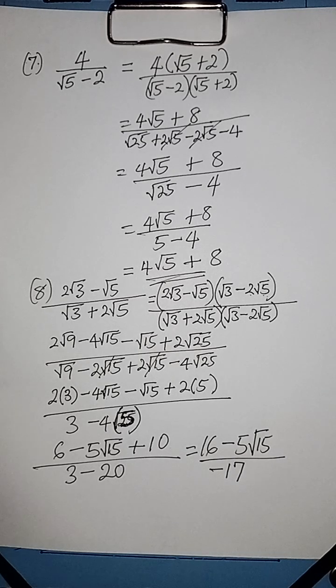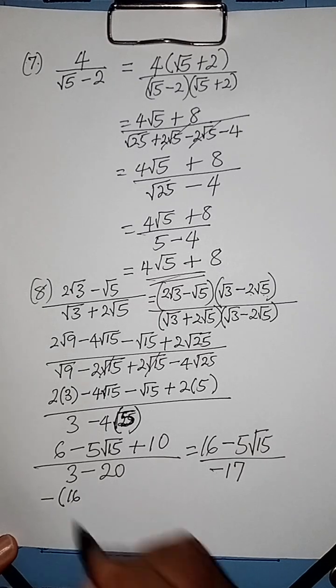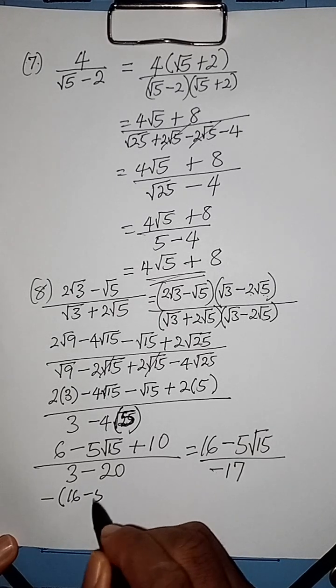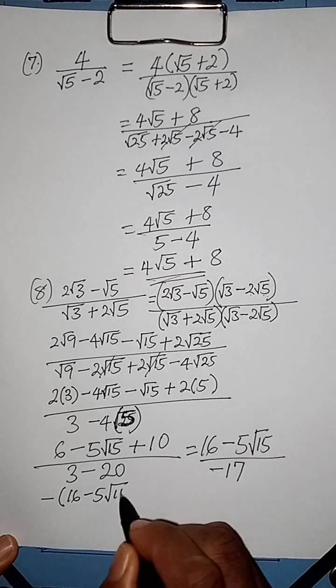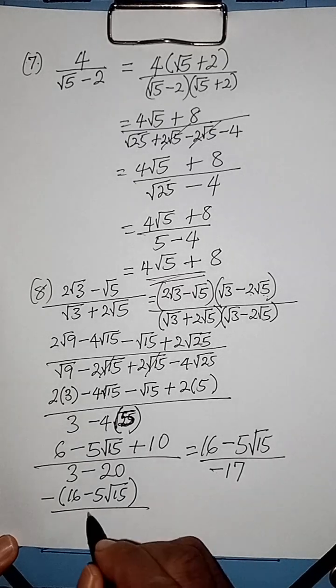That's the answer to the question. However, the answer is not neat. We can make it neat. How? We can multiply the numerator by the minus. So that becomes minus, open a bracket for 16 minus 5 root 15, close the bracket, over 17.